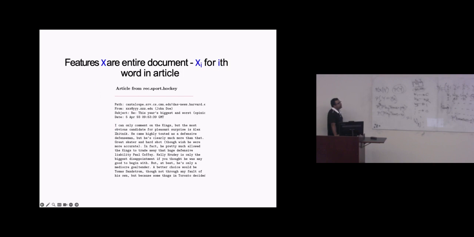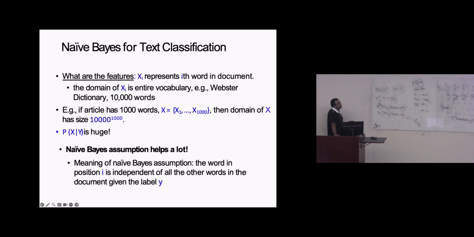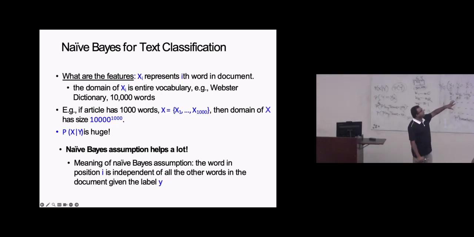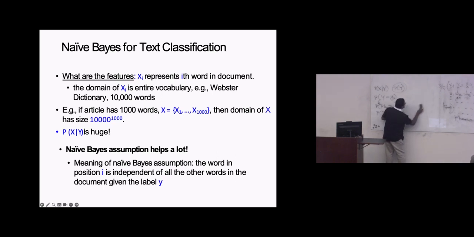So here is a document, showing the same numbers that we talked about. Let's say one article is 1,000 words long.